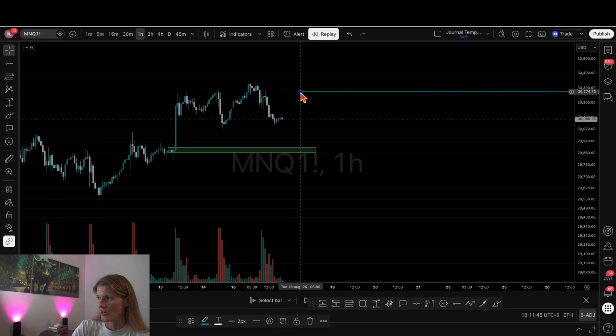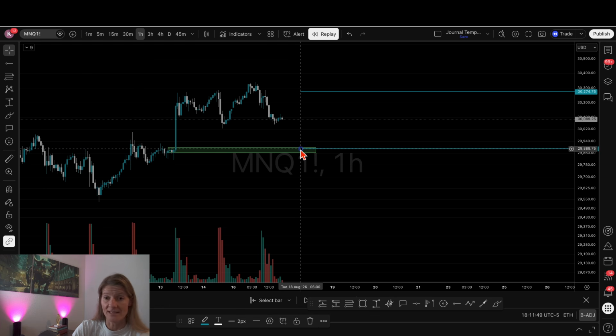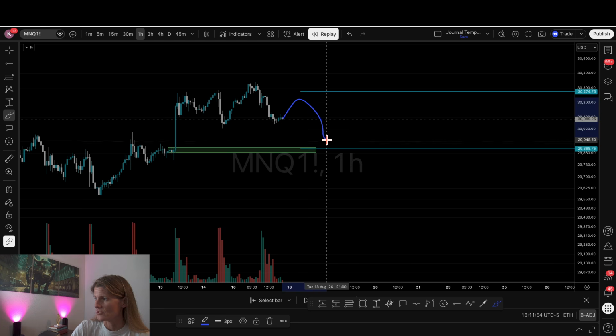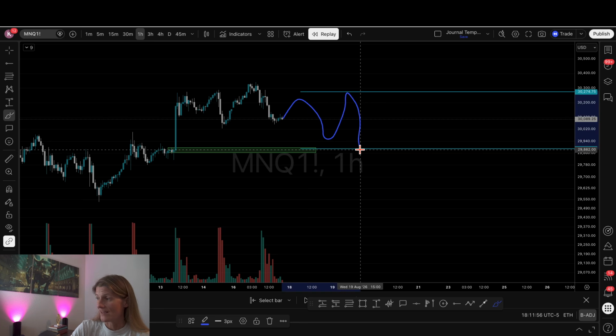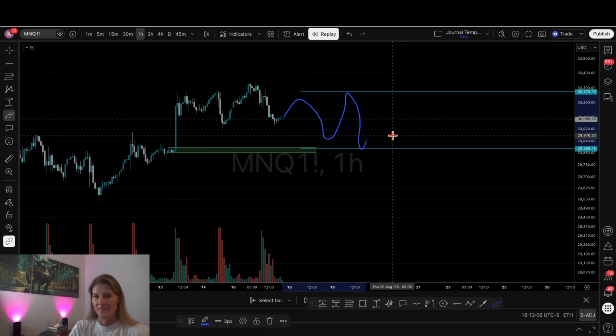Let's say this is our initial balance high up here, and our initial balance low is here. Price action comes down and retests that initial balance low and our demand zone down here, and price starts to react and get a buy up out of that level, then there's multiple reasons to take a long at that level, right?